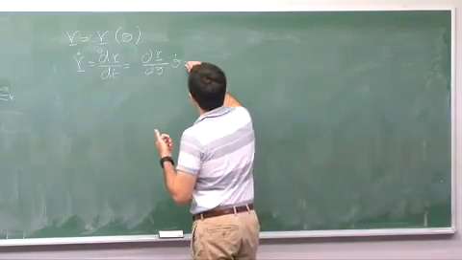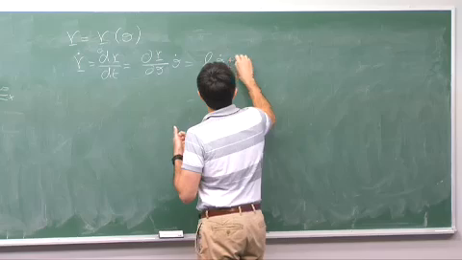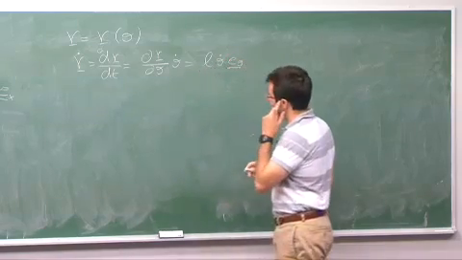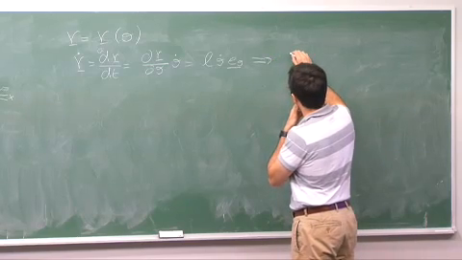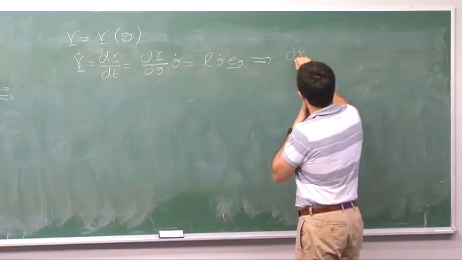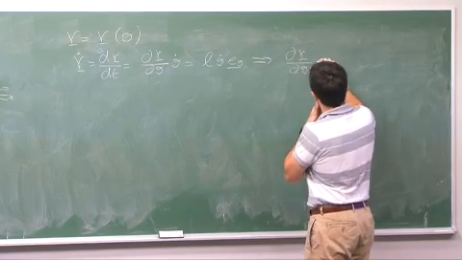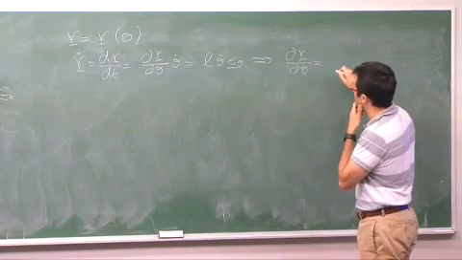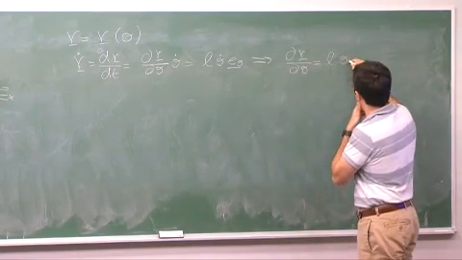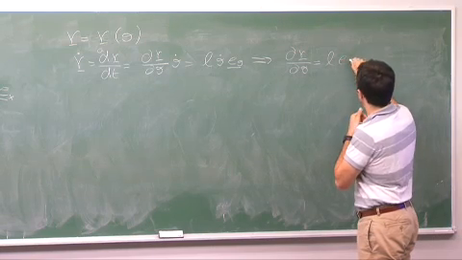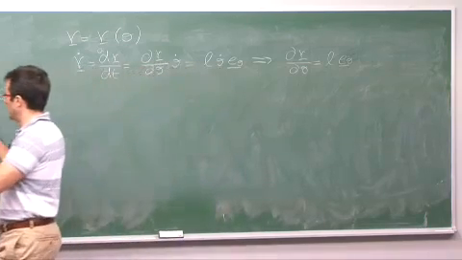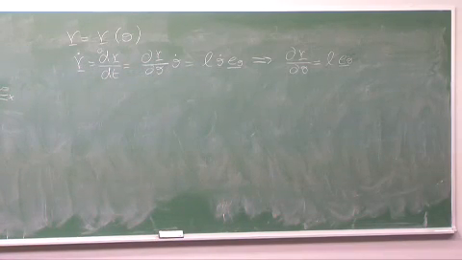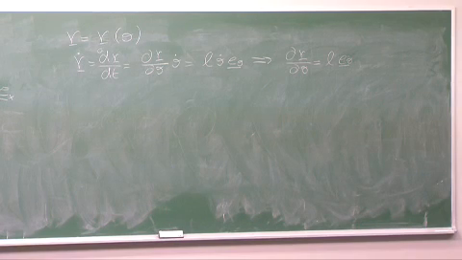But I know that this is also equal to what? L theta dot e theta. And so this is telling me what? The partial of r with respect to theta is equal to L e theta. So other than a constant, it's this direction here, e theta.